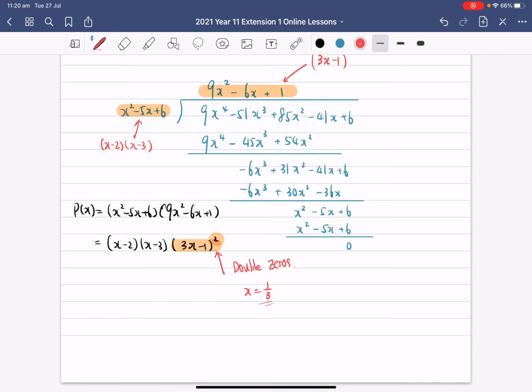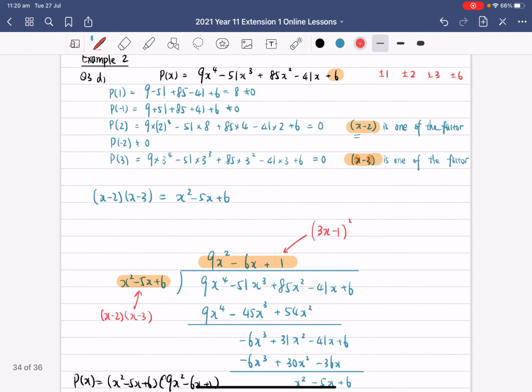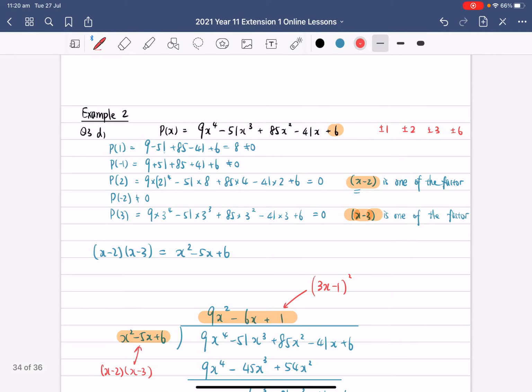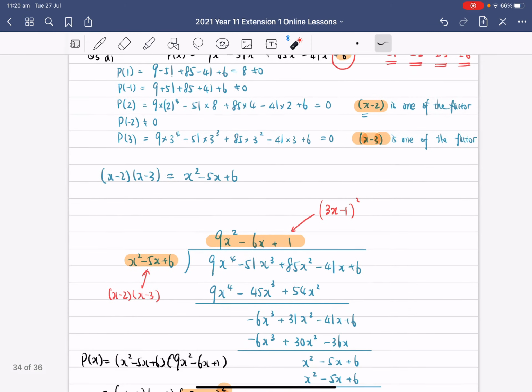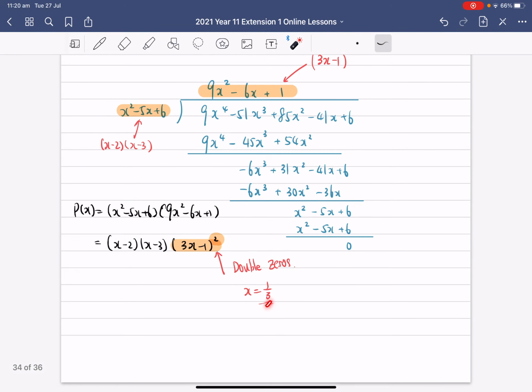Now the question here is, if you look at the last digit here, which is equal to 6, I do ask everyone to check plus minus 1, plus minus 2, plus minus 3, plus minus 6. If you continue this checking process, say for example P(6), P(minus 6), obviously that's not the result. You're not going to find P(1/3).